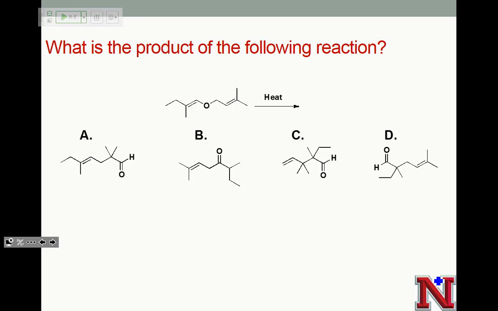So for one like this, the best thing to do would be to redraw it, where our double bond carbons, carbon 1 and 6, are next to each other in that six-membered ring-like structure.